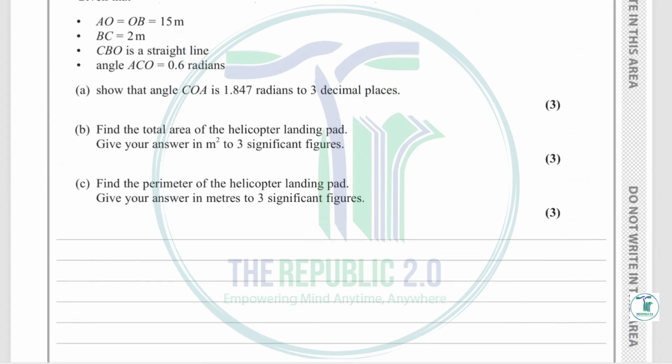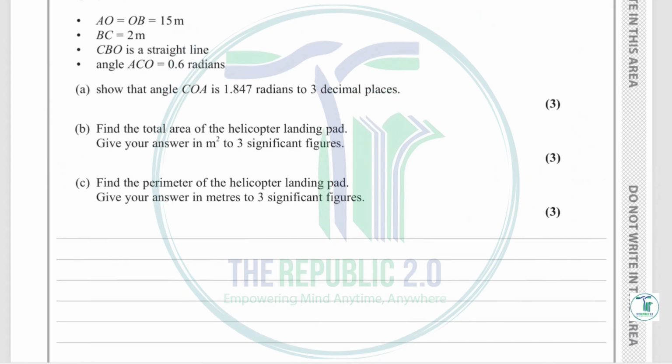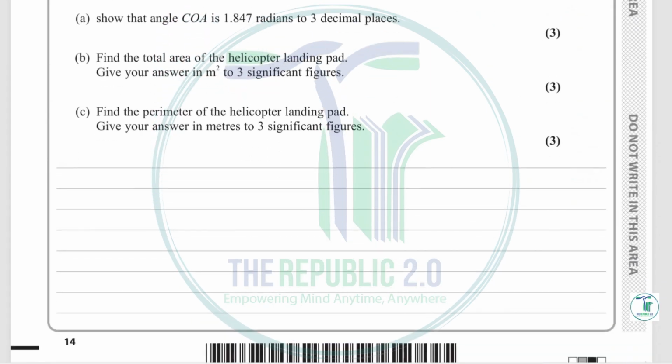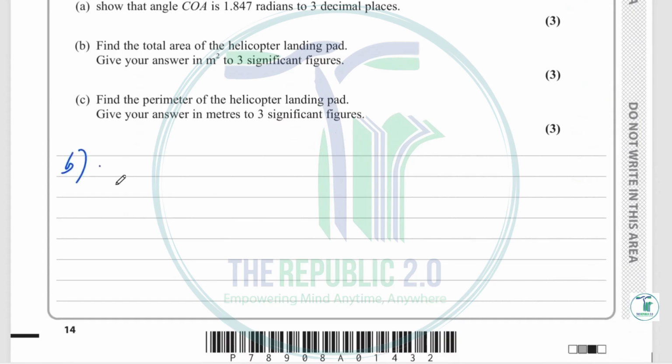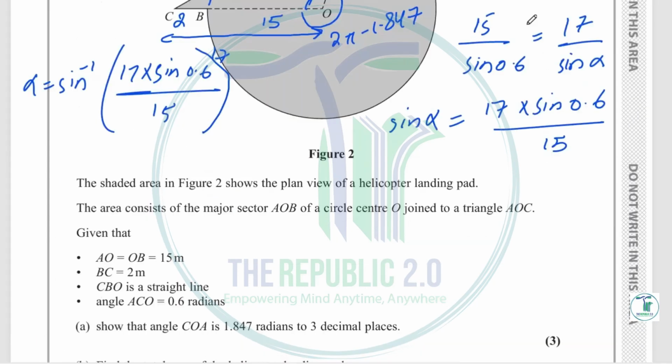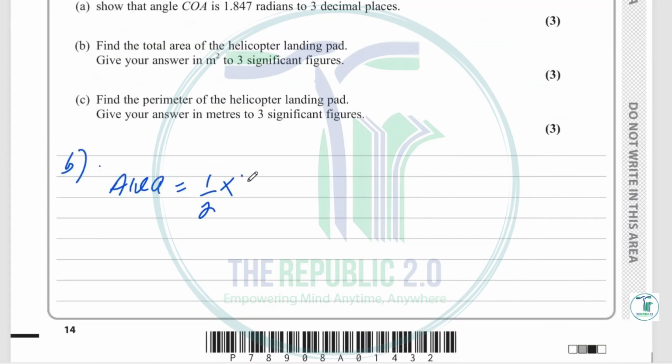After this, we need to find out the total area of the landing pad. How can you get the total area? In the B part, the total area would be the sum of the area of the triangle and the area of the sector. How would you calculate the area of the triangle? 1 by 2 sides. You've got 17 and 15, so 17 times 15, and the angle between them is sine 1.847, plus.